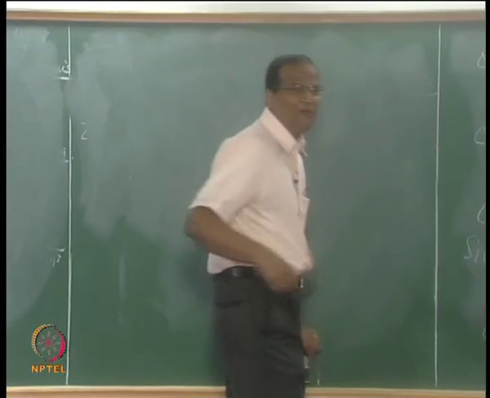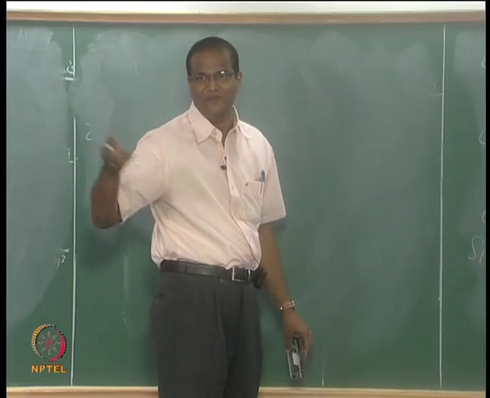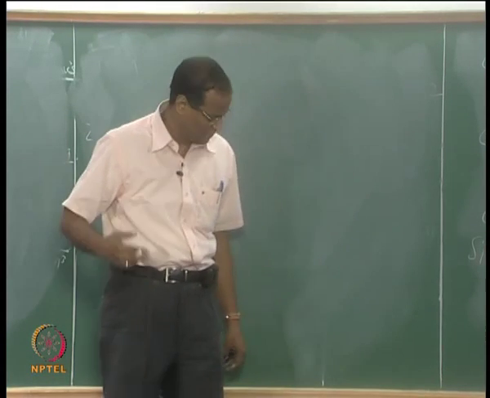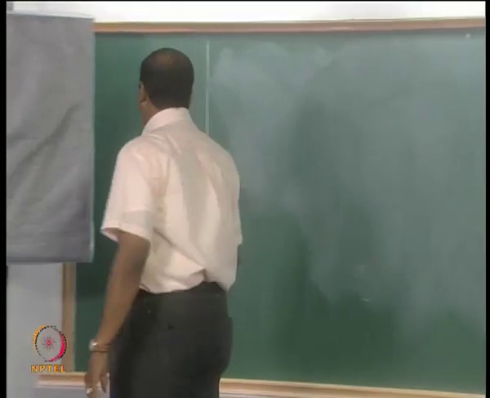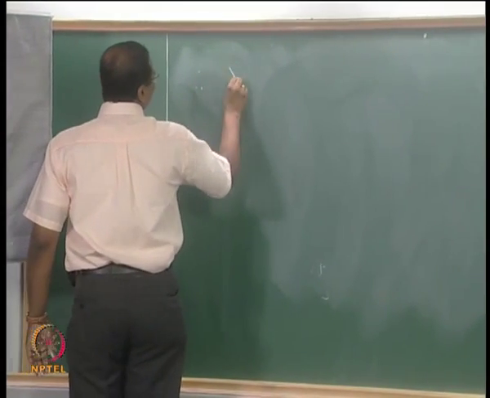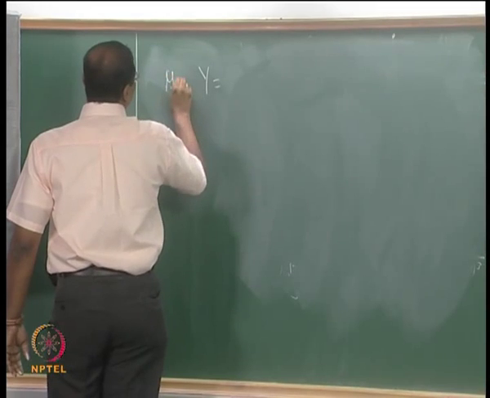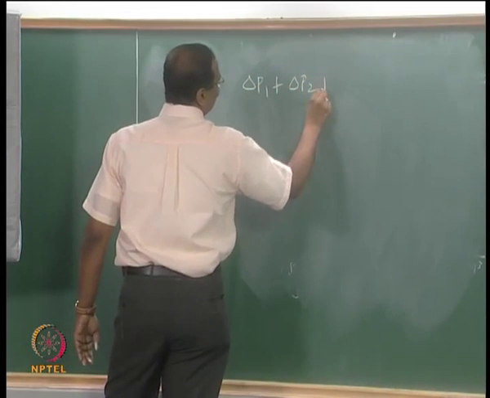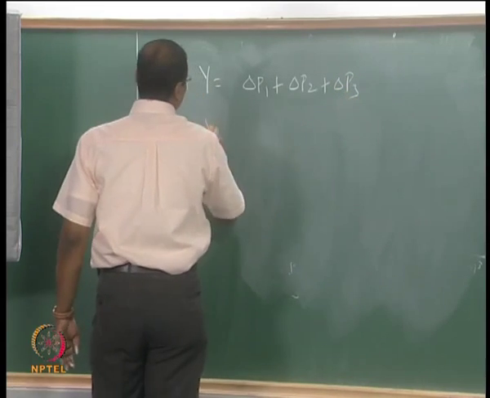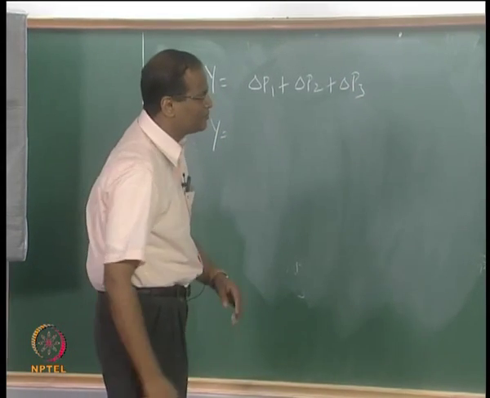To spice it up, we can have problems where UA LMTD is equal to m Cp delta T and you have to differentiate log and all, correct? Therefore, minimize y is equal to, now this is 0.971.